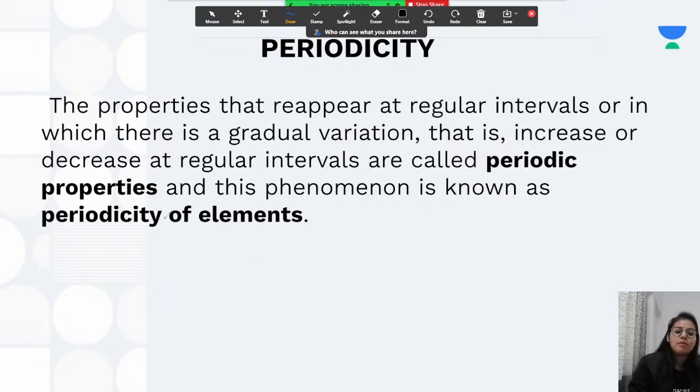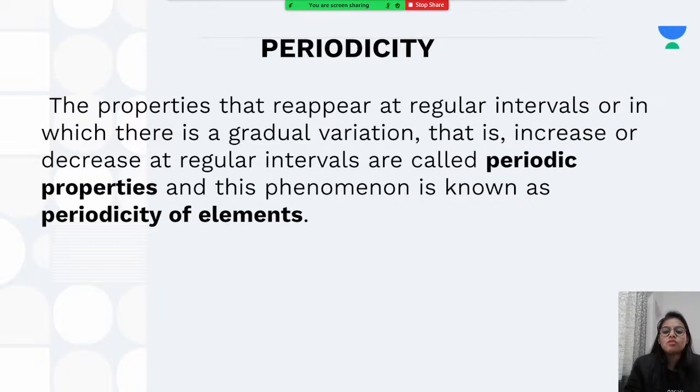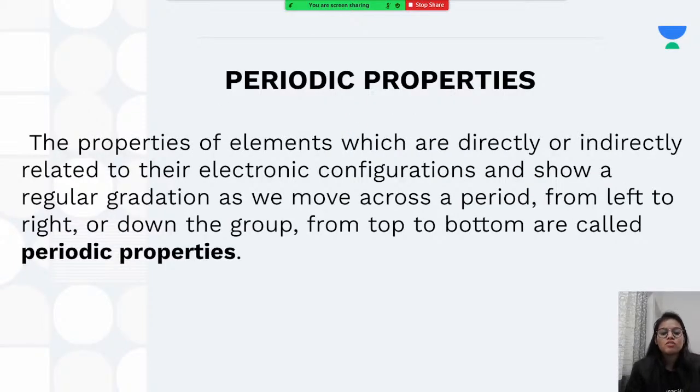Maybe atomic size is increasing, or decreasing, or first increasing then decreasing. This gradual variation is defined as periodicity.